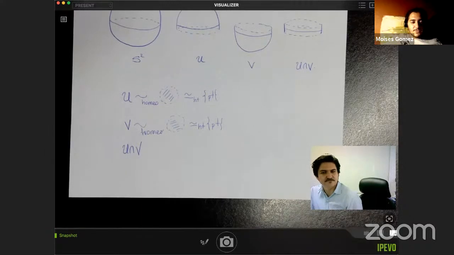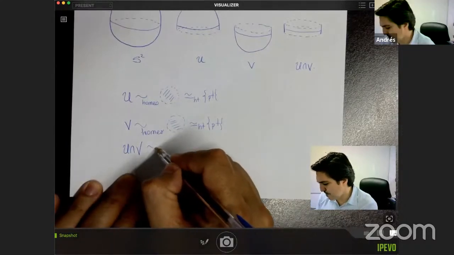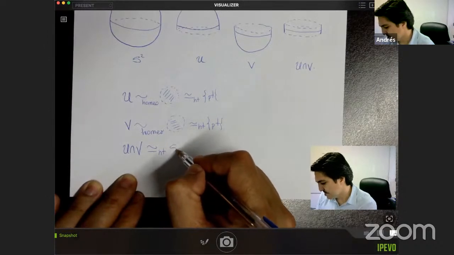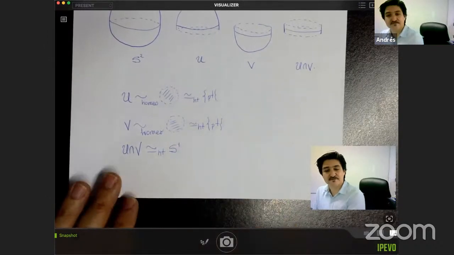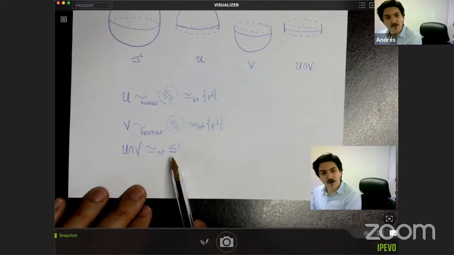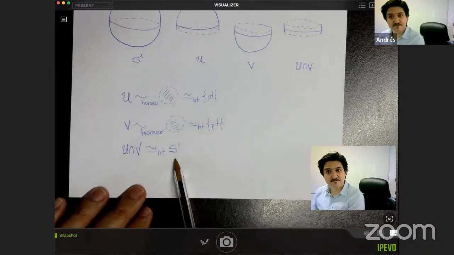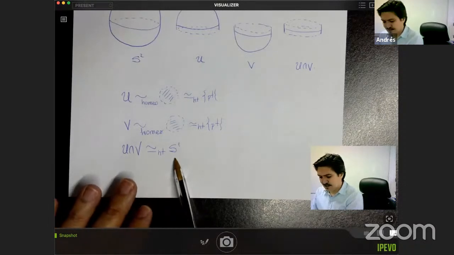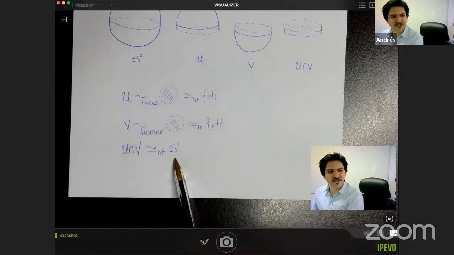It can be contracted to a circle. So this has the homotopy type of the circle. And we know the cohomology of the circle. Okay. Any questions?